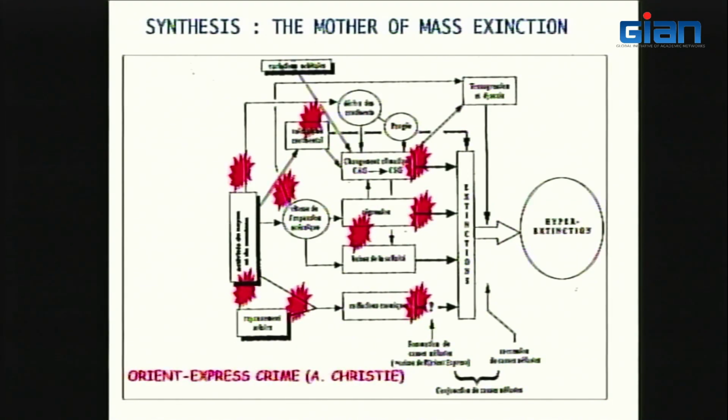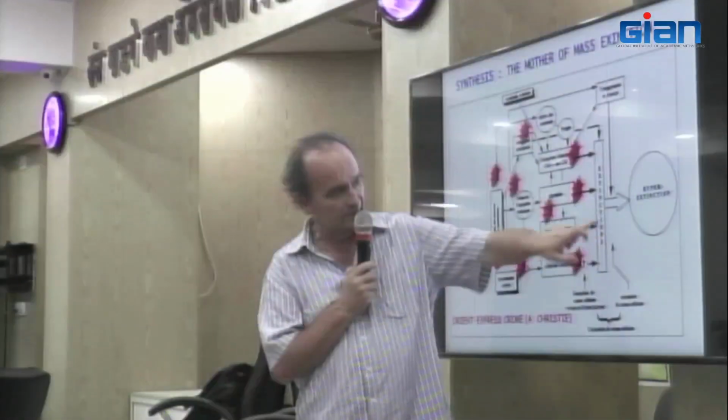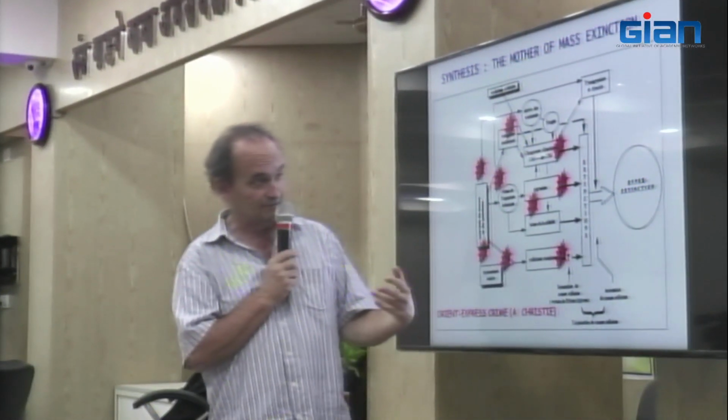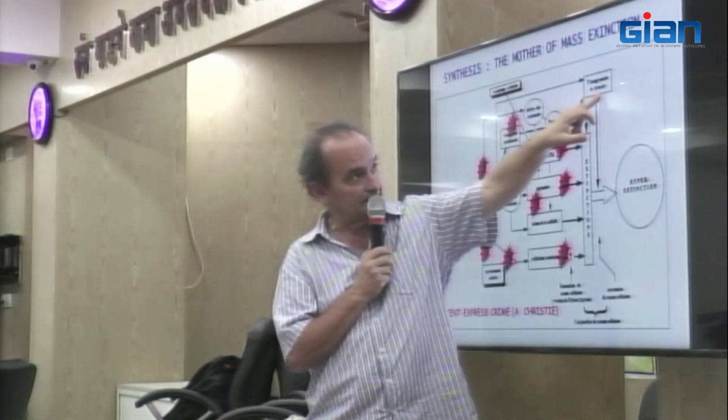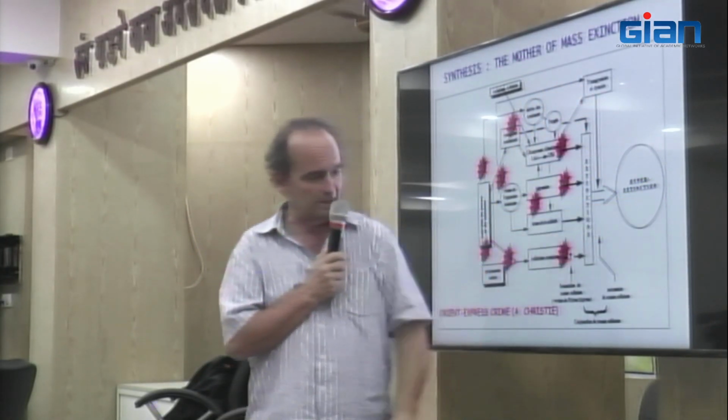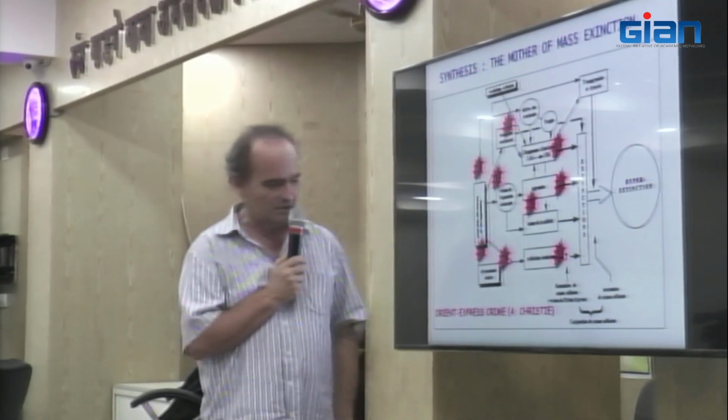The change from ice house to hot house, regression, change in salinity here, increasing cosmic radiation. This will create a threshold where you have already extinction before really the massive extinction, but the transgression and anoxic conditions will create a hyper extinction.